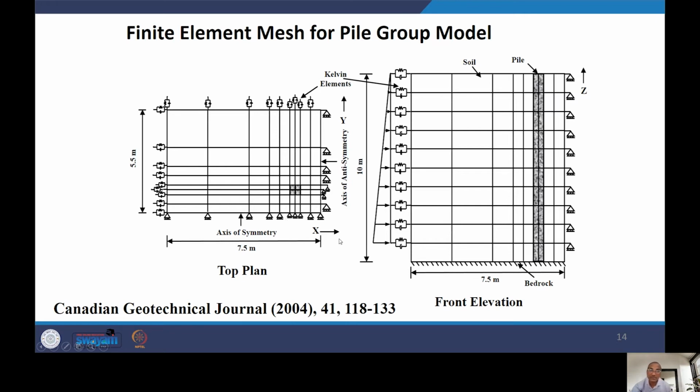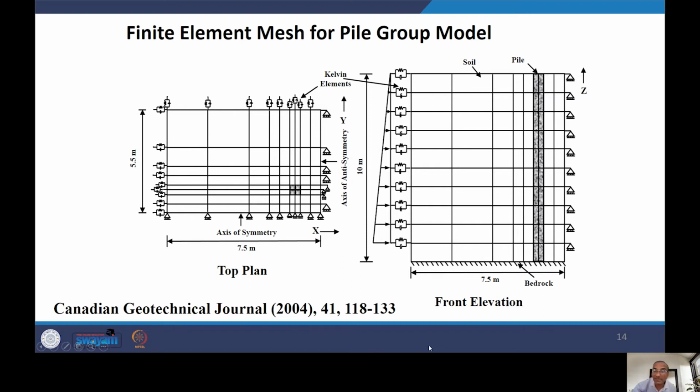When we talk about the axis of antisymmetry on this side to convert this model into a quarter model, then again you are keeping these nodes free to move in x direction, but these are restrained along y direction as well, and then free in z direction. So this was the boundary condition at axis of symmetry and antisymmetry, and at the boundary Kelvin elements as well.